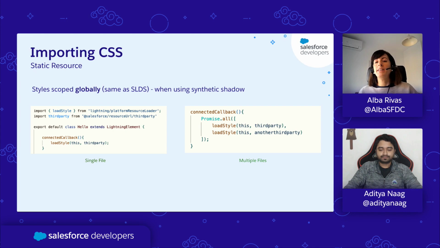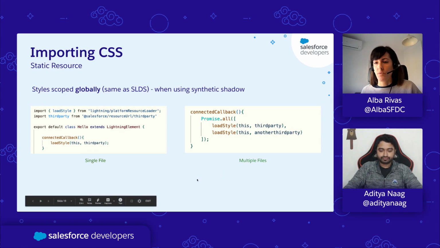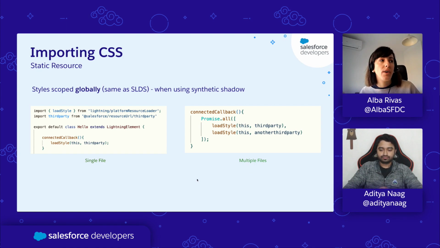There are mainly two ways in which you can import CSS styles in your Lightning Web Components, on top of defining the styles in the component CSS file. One of the ways is using a static resource. This is indeed the first approach that was available. The second approach arrived a bit later, after Lightning Web Components were released.